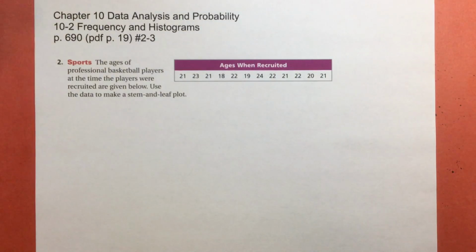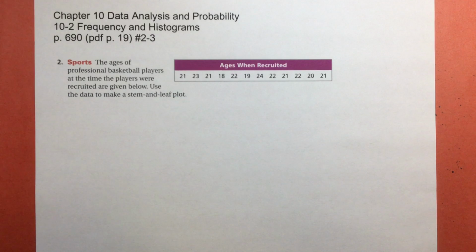Now, I said there's another way of doing it, and I'm going to show it in this example. The other way of doing it is to put the numbers in order first. We will talk about mean, mode, and median in the next section, 10.3.